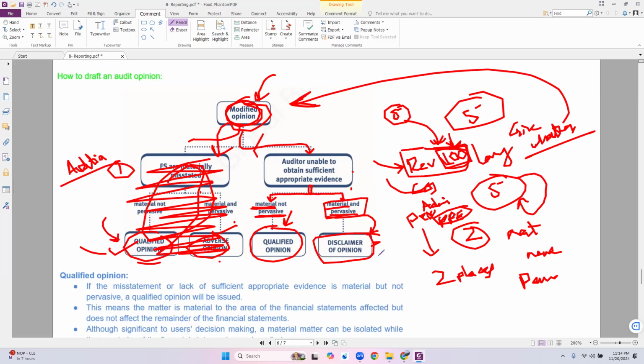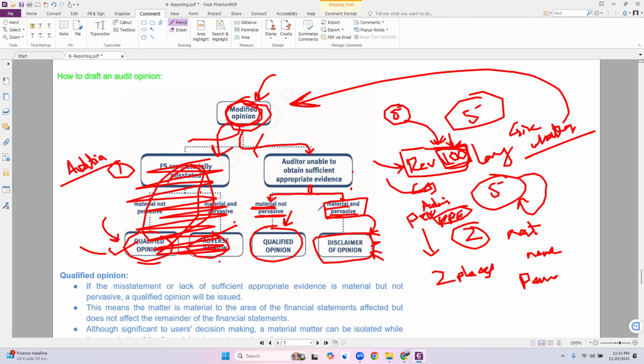And what is meant by disclaimer of opinion? It means that as an auditor of this company, I'm not giving any opinion. I'm not saying that the financial statements are correct, and I'm not saying that they are incorrect.